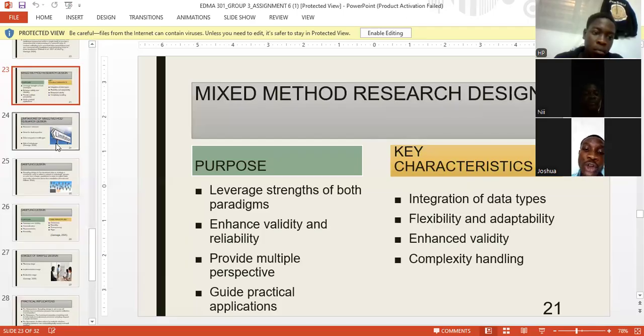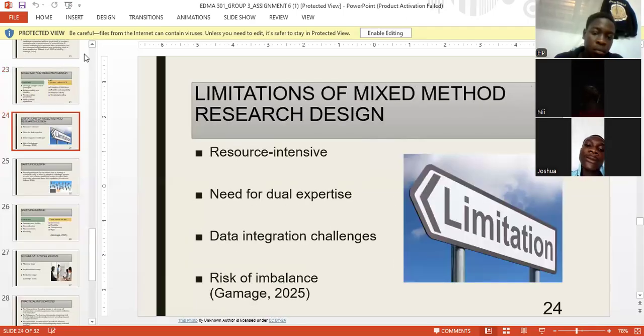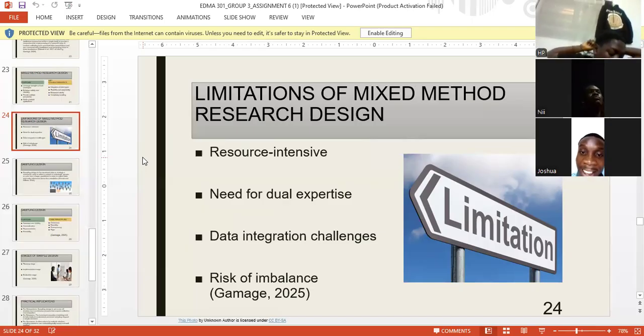Okay, so we move on to the limitations of mixed research design. Mixed method research can be resource intensive, meaning it requires skills in both quantitative and qualitative methods. The blending of the two types of data isn't always straightforward, so you need expertise in this area.